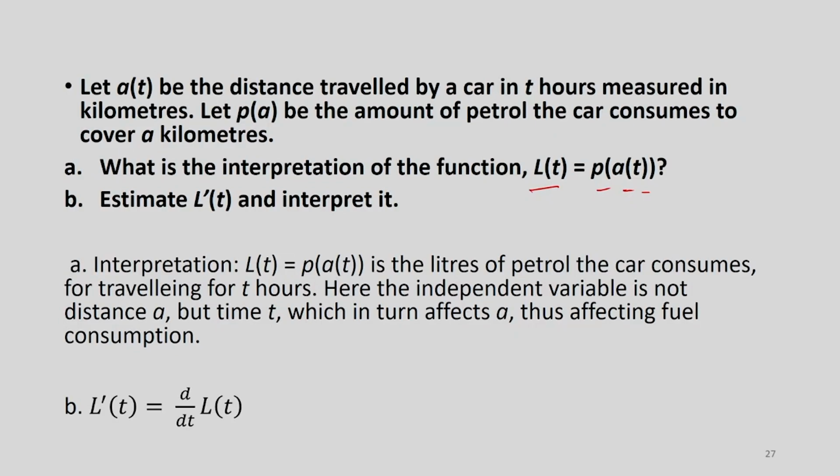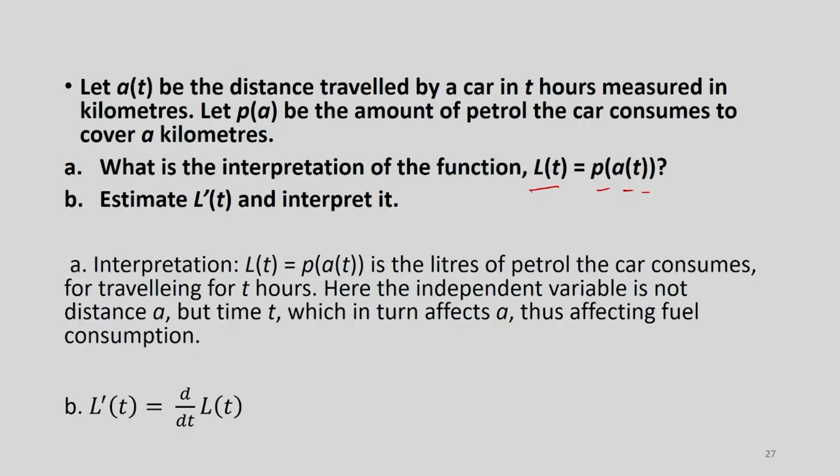So, P is the petrol consumed, obviously P will be a function of A. Now, both of these will be increasing functions, both A and P. We have to find the interpretation of the function L. So, the L function is defined as P of A of t.